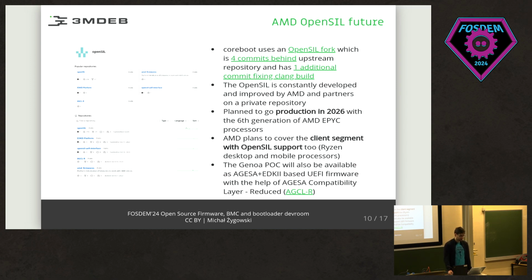I have also got information from an AMD employee about a new library called the AGESA compatibility layer reduced, which is a wrapper on the original AMD UEFI reference code that can be integrated with Tiano Core EDK2 to boot a Genoa server platform using UEFI firmware.